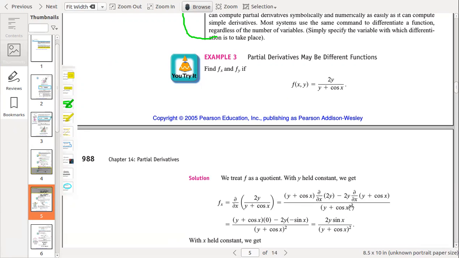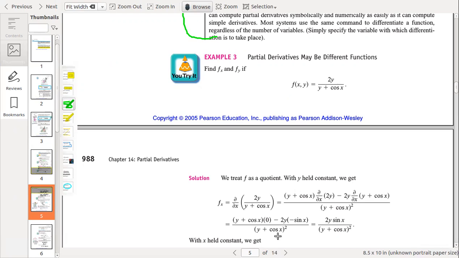So we are applying the formula for the partial derivative of u over v: v squared, then v as it is times the derivative of u, then minus u as it is times the derivative of v.